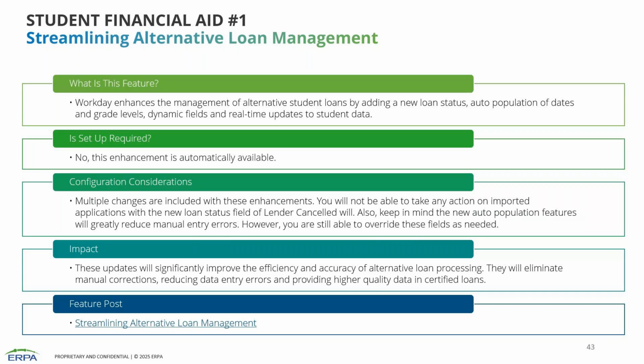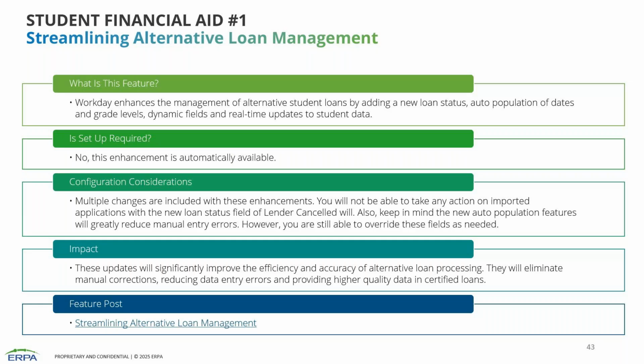Also, loan period start and end dates, as well as the grade level codes, will now auto-populate, and that reduces manual entry for you when you certify. There are also dynamic required fields for pre and post disbursement changes, and that's going to be based on the data that you enter. And probably the best thing too is there are immediate changes to a student's total financial assistance tab when you submit your alternative loan changes.